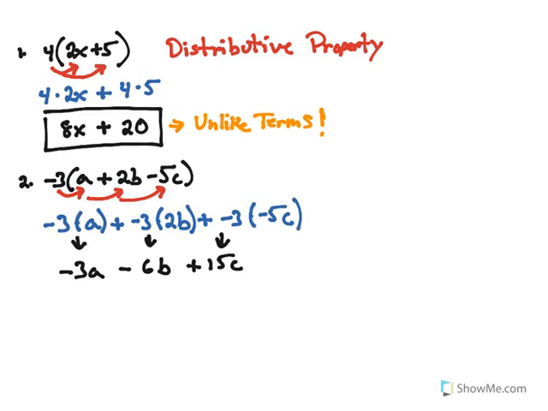Negative 3 times a is negative 3a, and negative 3 times 2b is a negative 6b, and a negative 3 times negative 5c is a plus 15c. Okay, so you've got to watch out for the sign changes, right? We've got to be really careful with that.